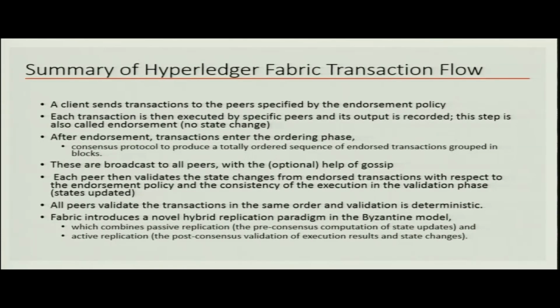We call it a simulation of the execution, and this step is called the endorsement, and there will be no change of state in terms of the state of the blockchain or any of the data in the database. After the endorsement, the transactions will enter the ordering phase, and the consensus protocol will produce a totally ordered sequence of endorsed transactions grouped into blocks. Now, these are broadcast to all the peers with the help of a gossip protocol.